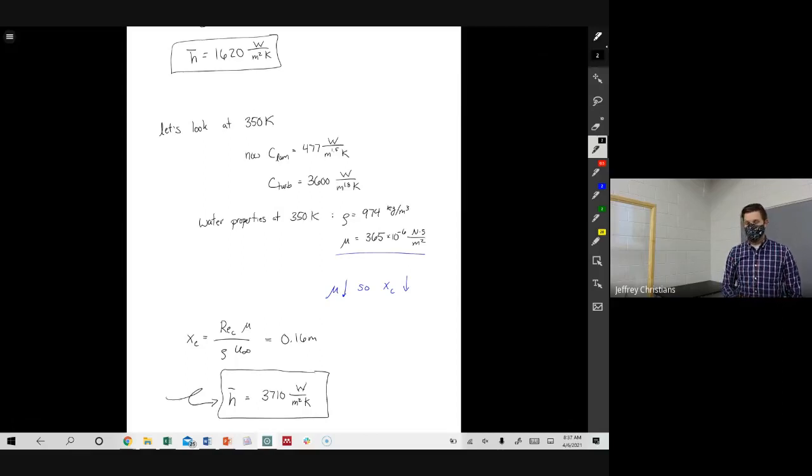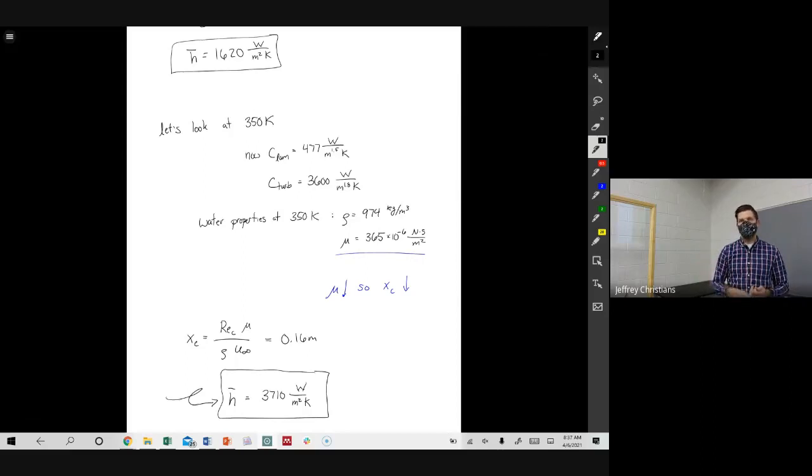And most of that is driven by the fact that we've pushed the laminar turbulent transition so that more of the plate is experiencing turbulent flow. So turbulence is going to be a huge part of what gives us the convection coefficient that we have.